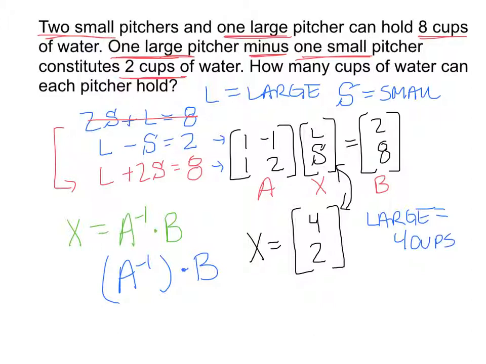And small is 2 cups of water, because large was in the top place and small was in the bottom place. If you would have done your variables differently, your equation would have looked different and your result might have been 2 over 4, but you would have known what was what because you set up the matrix equation.